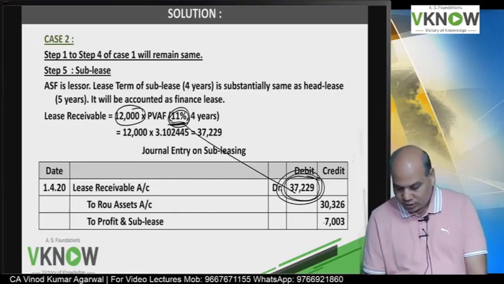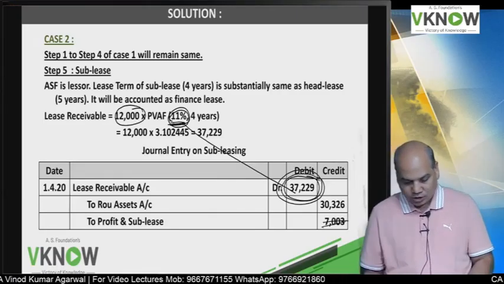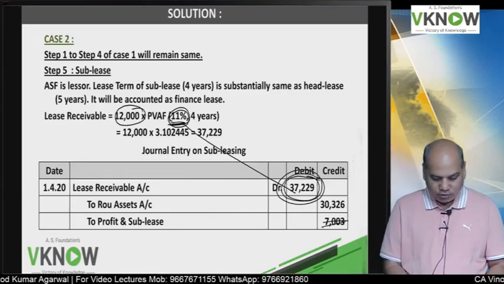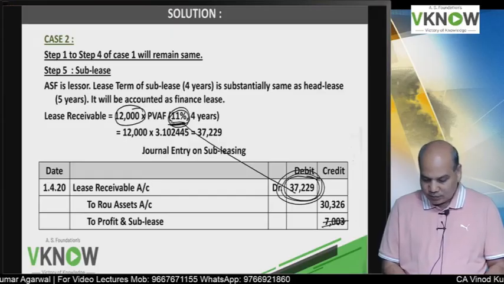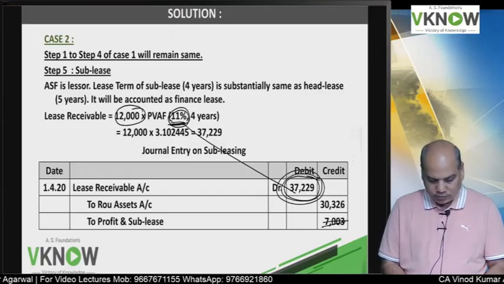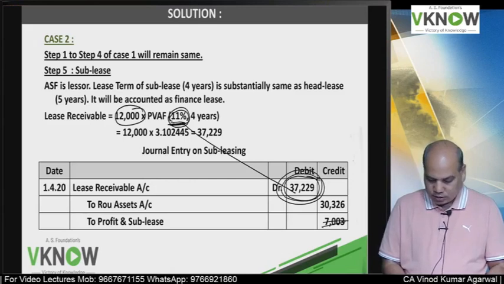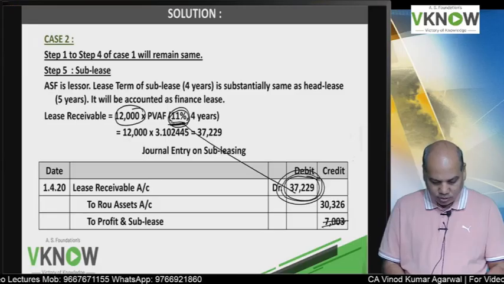Okay, one student is saying this is not correct. Let me check. I also have a calculator. 37,229 minus 30,326.